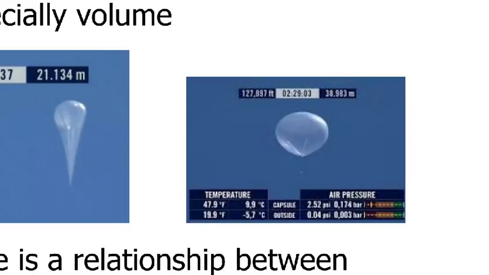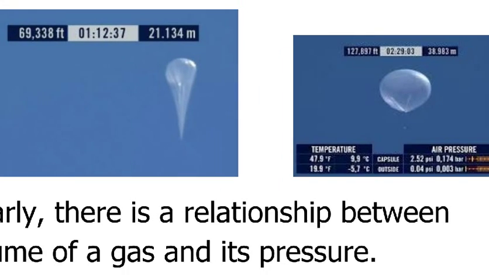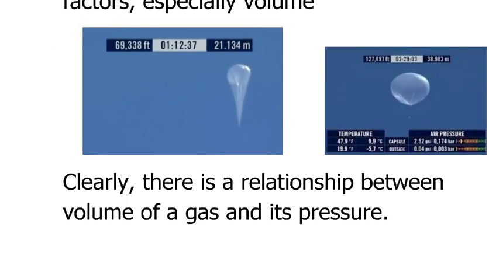You can tell the difference, right? It's a lot bigger here than it is here. Why would that be? Basically because the pressure is a lot lower in the upper atmosphere than it is closer to the surface.